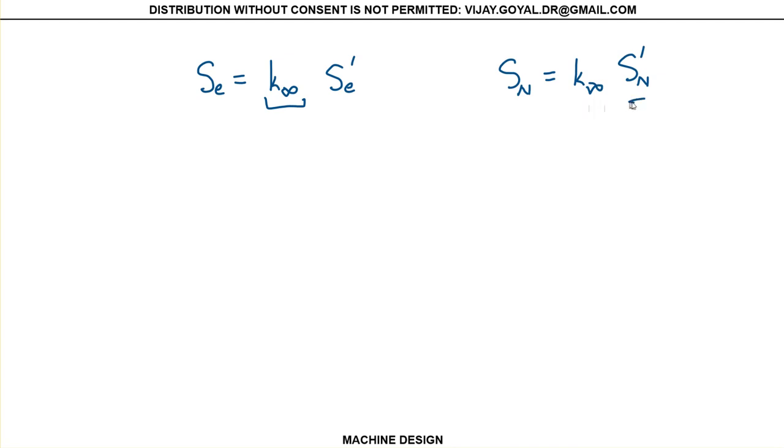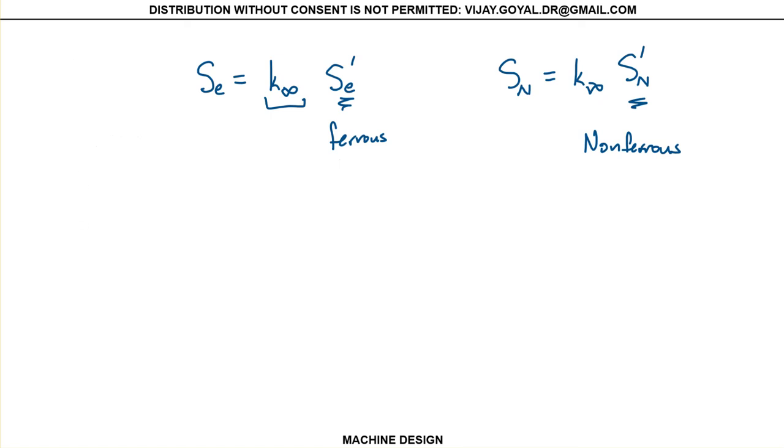This is mainly for non-ferrous materials. This is for ferrous materials. Ferrous materials have a nice knee. These don't have a knee. So what are these S_E prime?